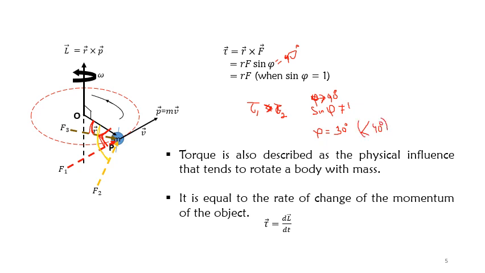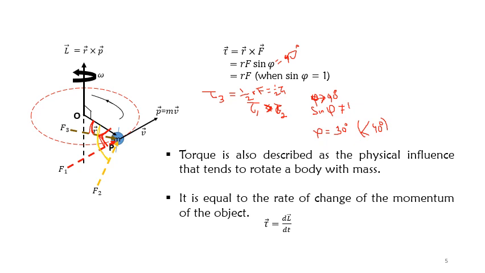Sin 30 degrees will be 0.5. So what does that mean? That means the torque due to the force applied at point 3, F3, will be half of r F, which will be half of tau 1.